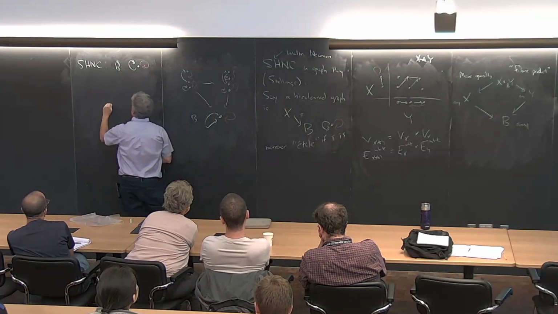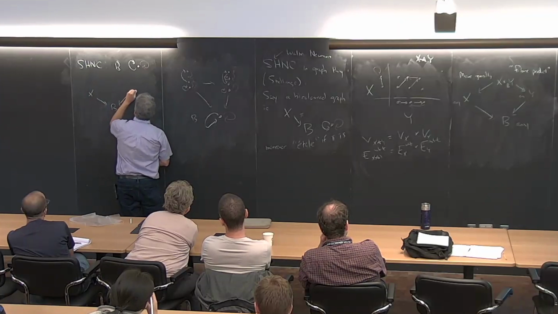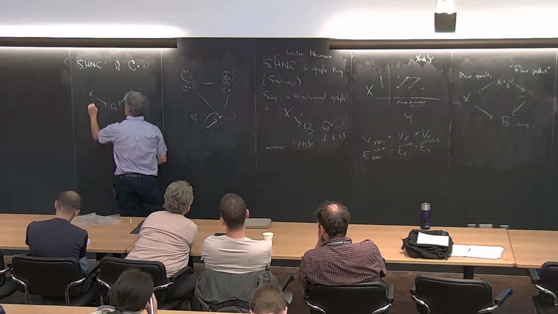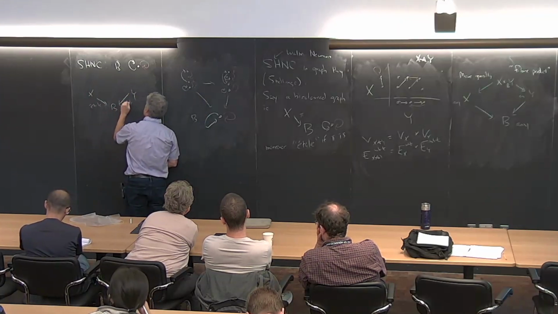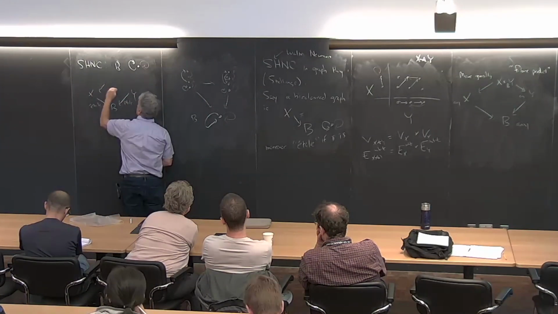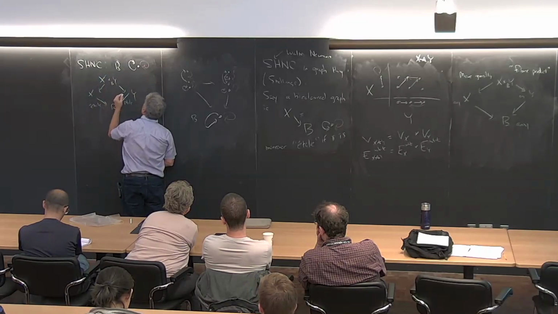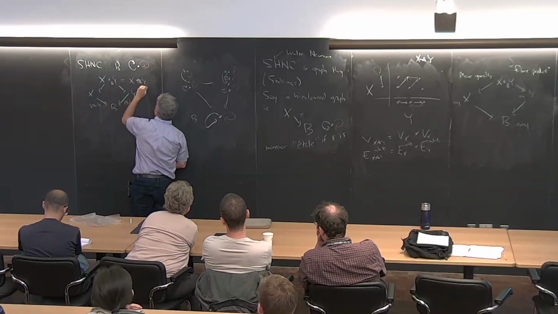Let X and Y be two étale maps, or if you want, étale bicolored graphs. Look at the fiber product, which is really what we call the bicolored product.